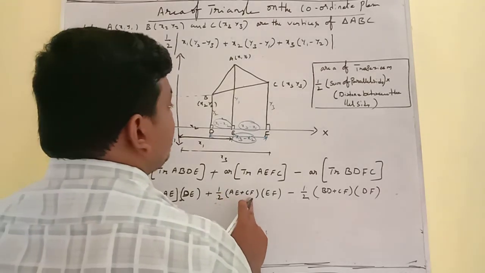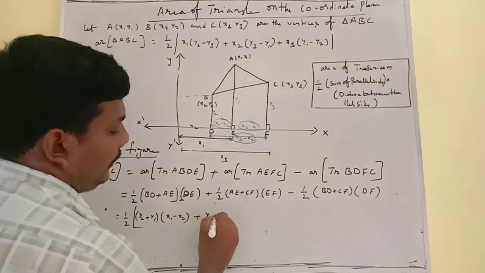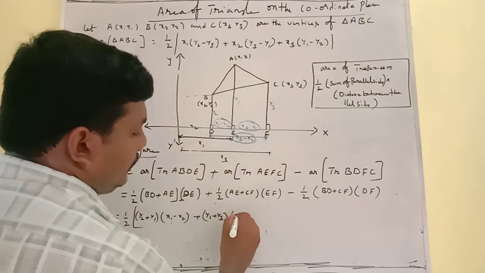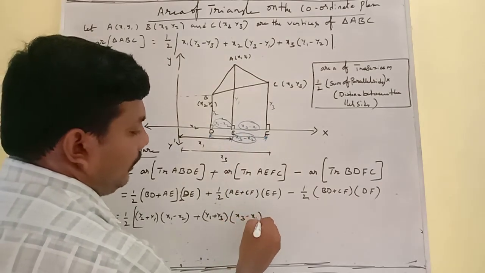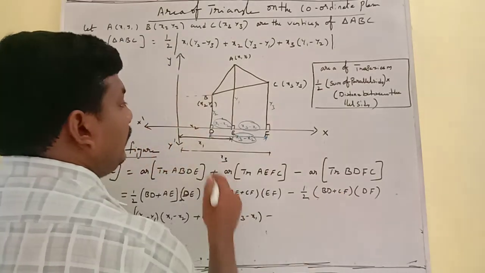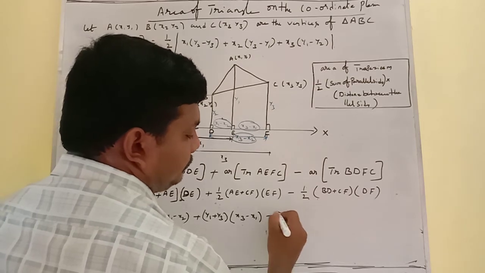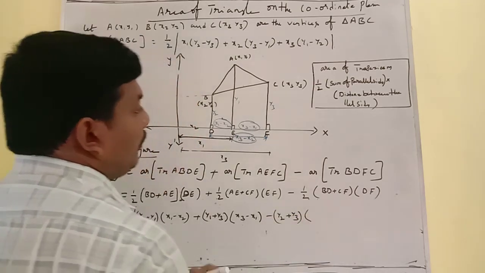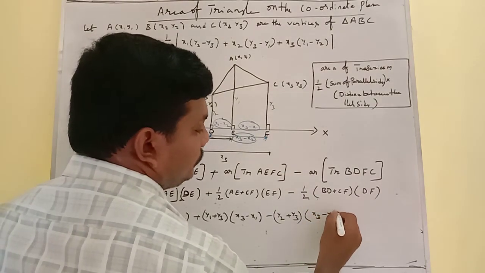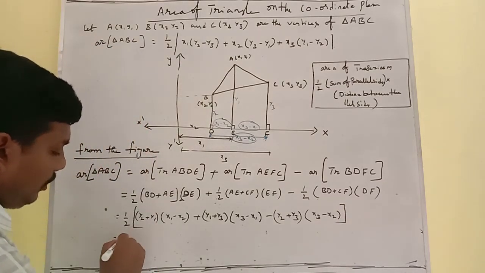Then AE plus CF, AE is equal to Y1 plus Y3, into EF, which is nothing but X3 minus X1, minus half already taken common. So BD plus CF: BD is equal to Y2 plus Y3, and DF is nothing but X3 minus X2. So bracket close.